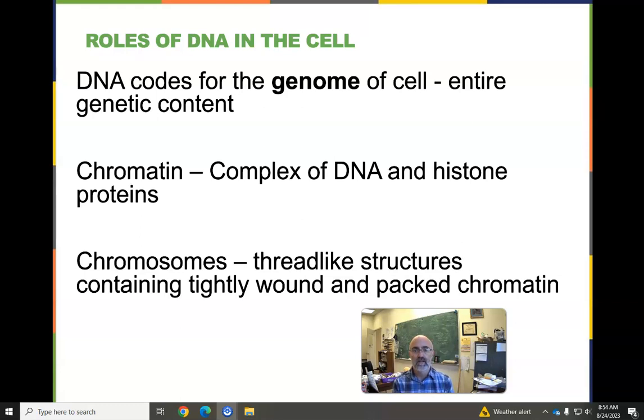Each cell has the same genome in it, and that's all of the information that really makes you who you are. Chromosomes, we're going to see, are inside of your nucleus. Your DNA is organized into these chromosomes, and the chromosome itself is made up of both DNA and these proteins that help the DNA to organize itself.